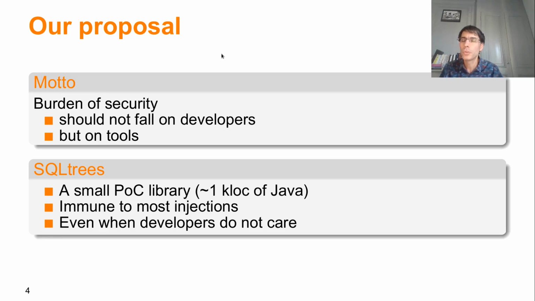Developers should use better tools that provide them better security. Our attempt at building a better tool is called SQL Trees. It's a small proof of concept library, about 1,000 lines of Java. It's immune to most injections, and it's immune even when developers don't care at all about security.